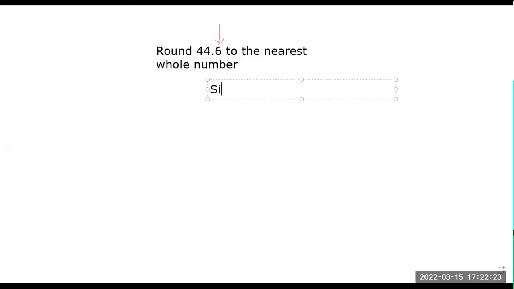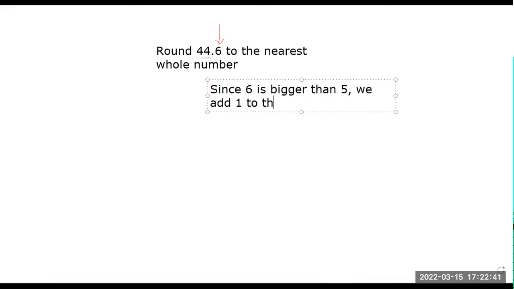Well, since 6 is bigger than 5, remember, once the value is 5 or more, you round up. So since 6 is bigger than 5, add 1 to the ones column.